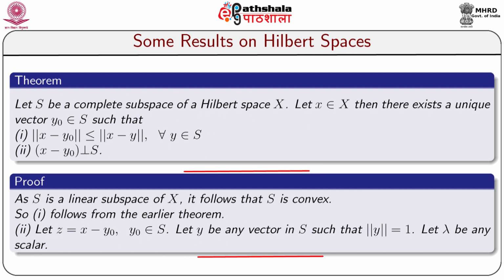Now, for the proof of 2, let z equal to x minus Y0, where Y0 belongs to capital S. Let y be any vector in capital S such that norm of y equals 1. Let lambda be any scalar.